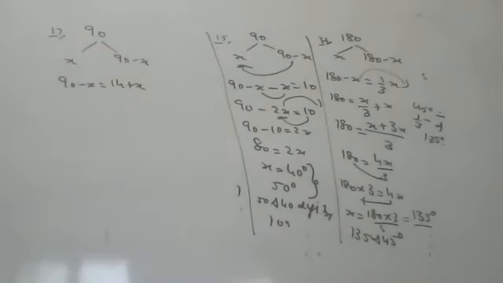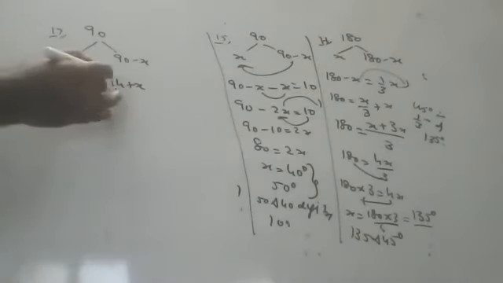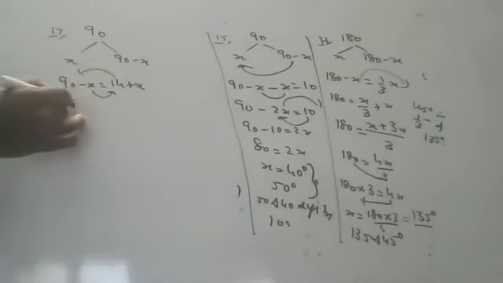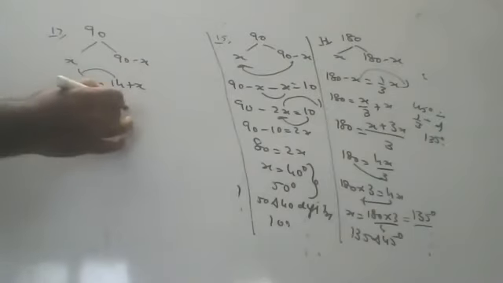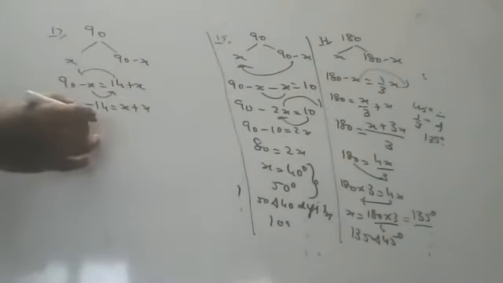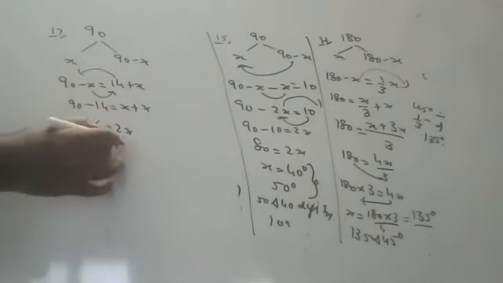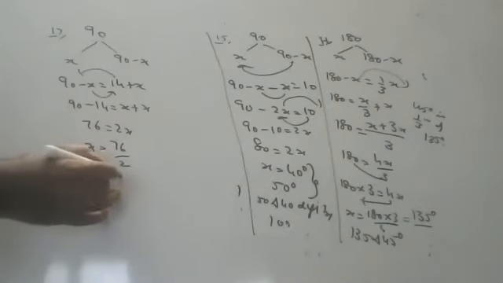This 90 goes there: 90 minus 14 is equal to x plus x. 76 is equal to 2x. X is equal to 38.